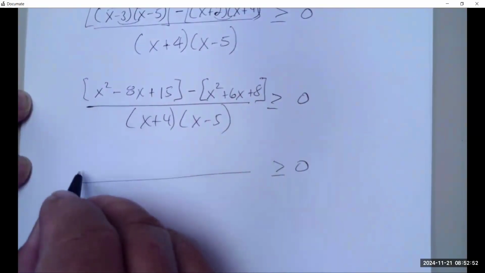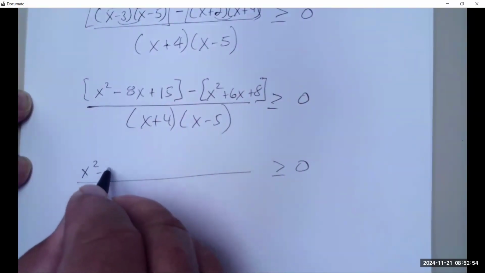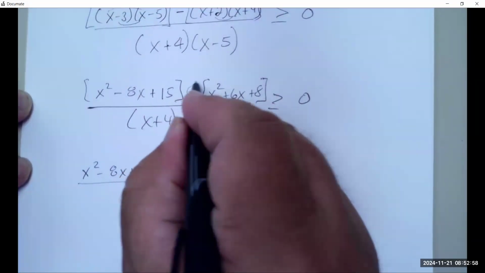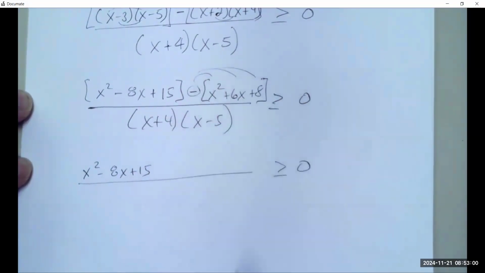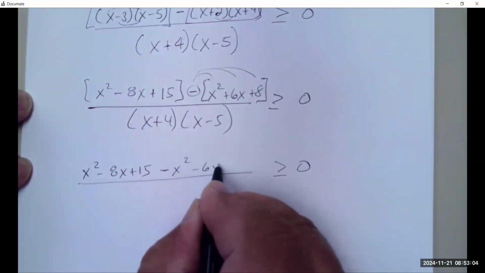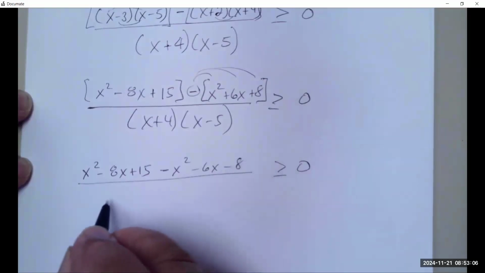I don't need the first brackets, so I can just drop those. 8x plus 15. This negative has to be distributed to that second one. So negative x squared, negative 6x, negative 8.